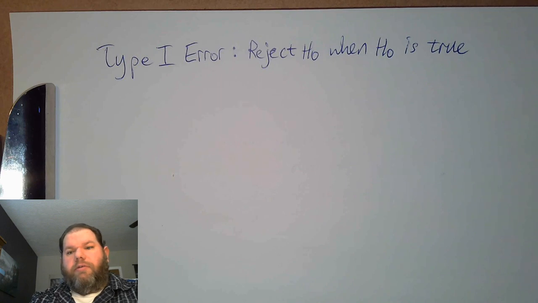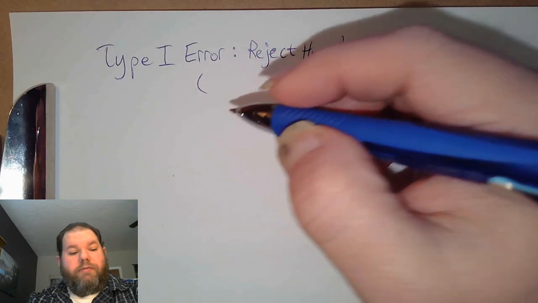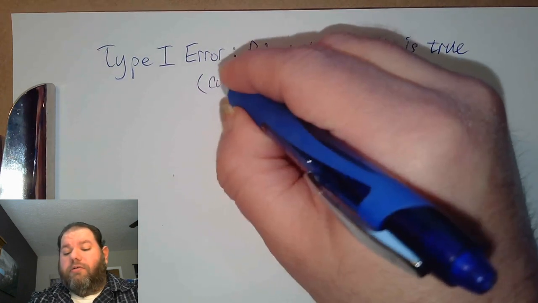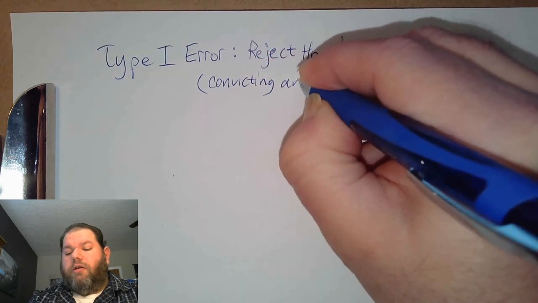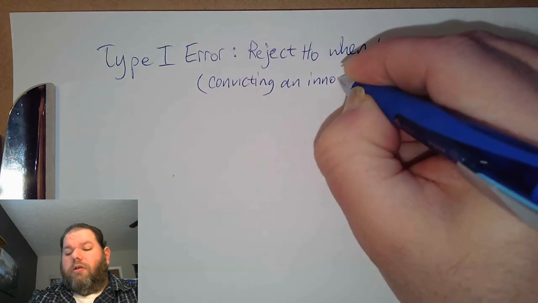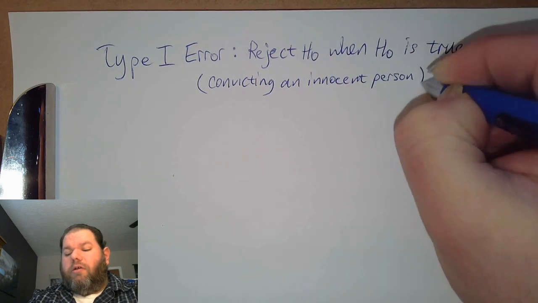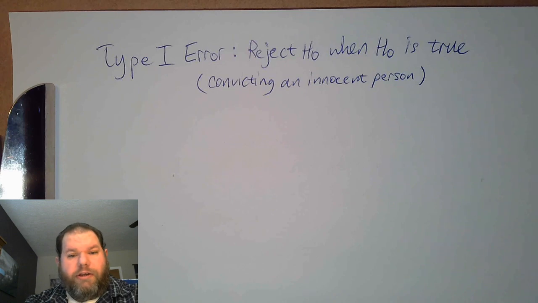And the analog we like to use for this is if we were to convict an innocent person. So it's like H naught is innocent, but we've chosen to reject it.